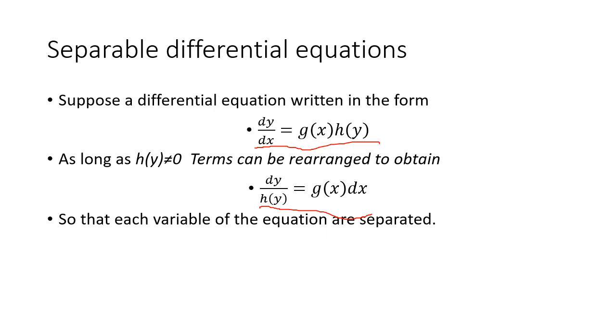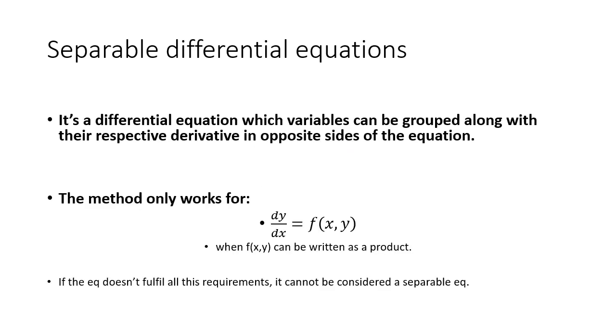So in this expression we can see that each term of each variable of the equation is grouped in opposite sides of the equation. Here in the left side we have all the terms with y, and in the right side we have all the terms that depend on x.